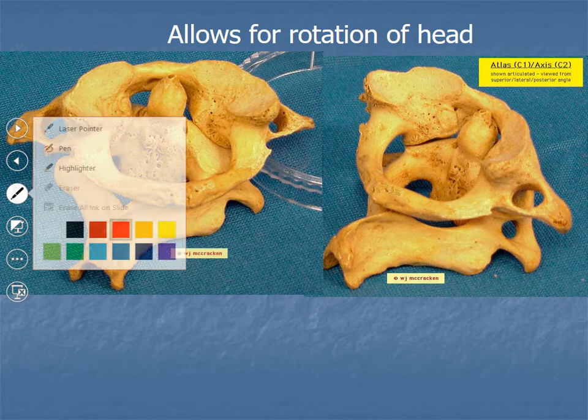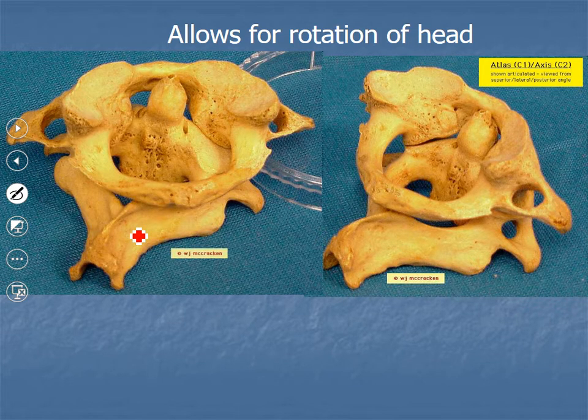So if you notice on this picture here, this part of the atlas is articulating on this piece of the axis, and then of course you've got the dens, which is in the middle, and that's going to prevent it. It can only go against this so far.